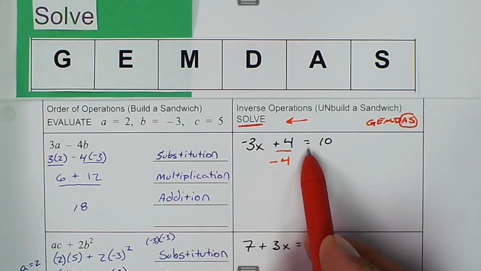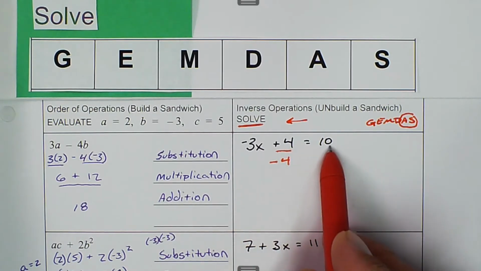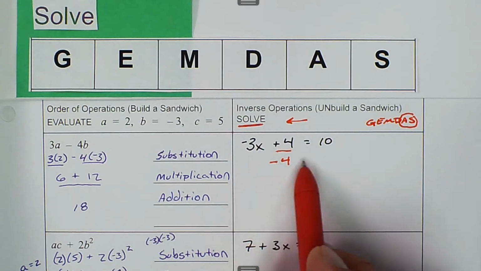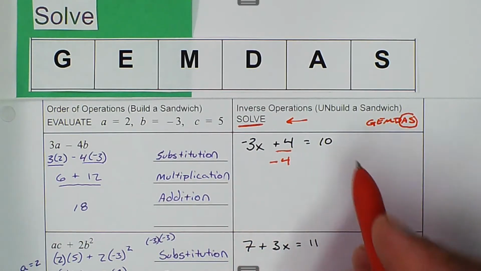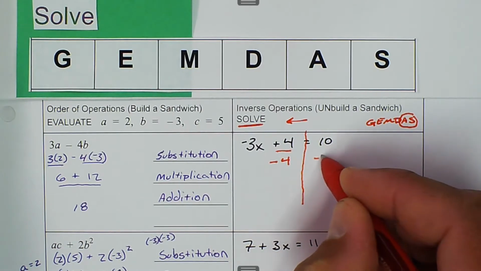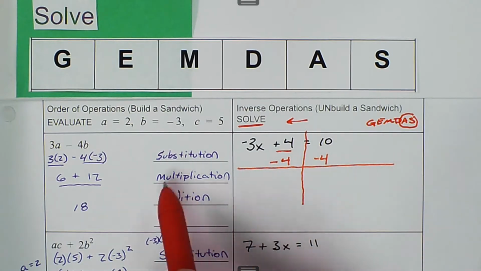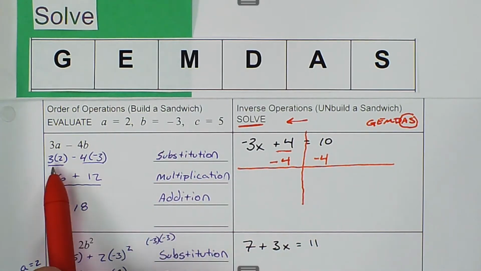Now, because this is an equation, this side is balanced with this side. So in order to keep the equation balanced, whatever I do to the left side of the equation, I have to do to the right side. So subtract 4.